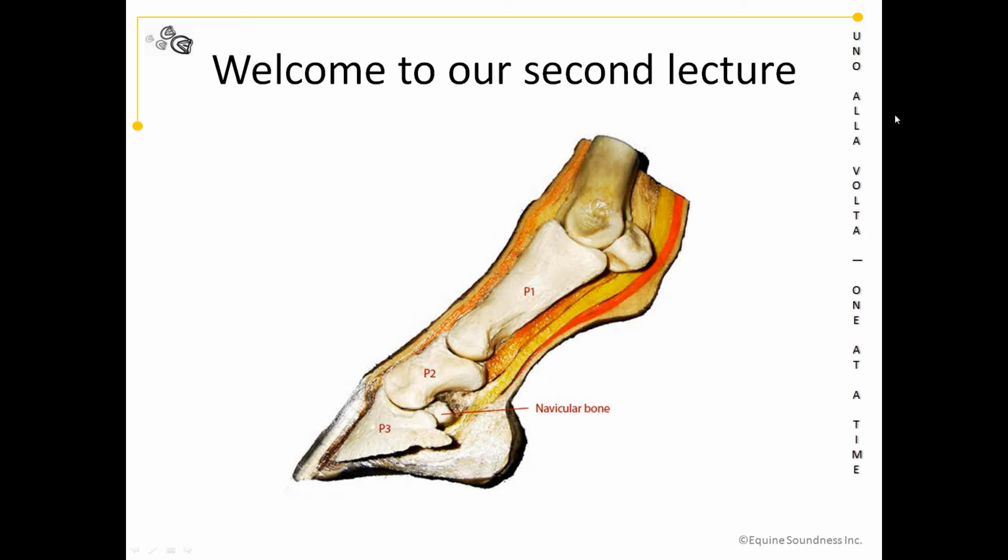When we are talking about the hoof in general, we need to realize that the hoof capsule is a cast of the coffin bone. And I had a discussion yesterday with a gentleman who was very surprised that the bone structure of the coffin bone itself could change, that the form could change over time. He was not aware of this.